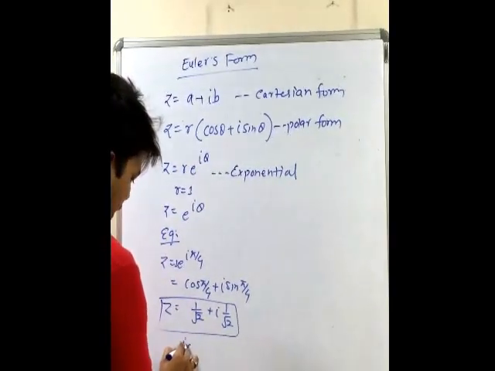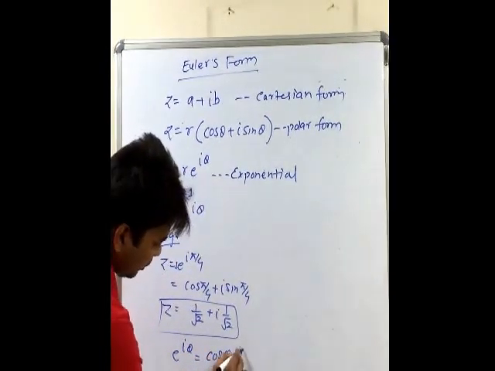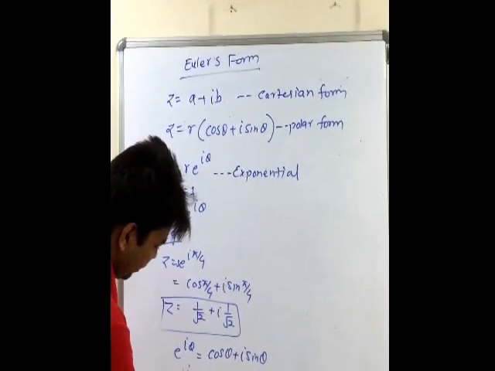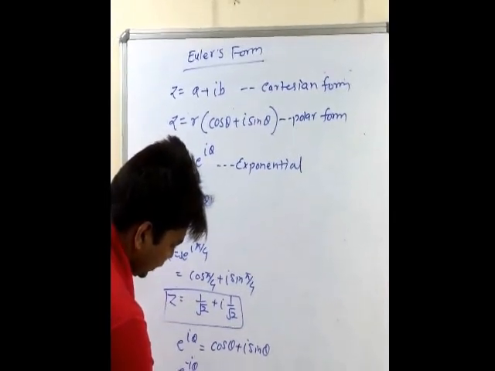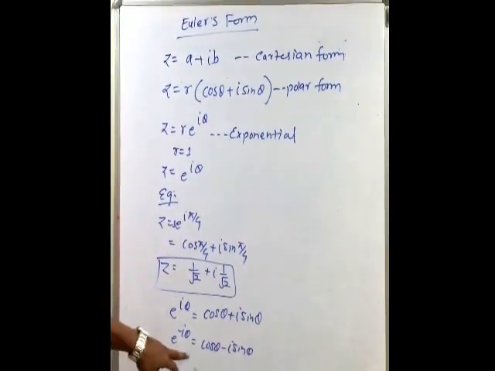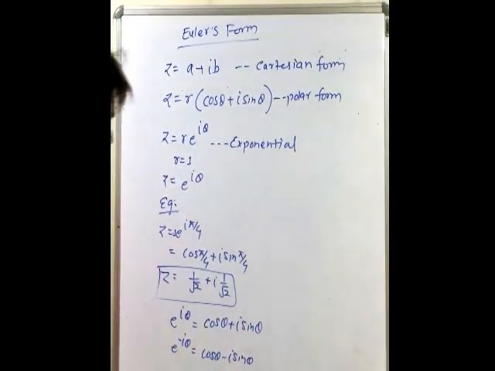Suppose e raised to i theta is equal to cos theta plus i sin theta. So e raised to minus i theta will be cos theta minus i sin theta, right? So what is cos theta?